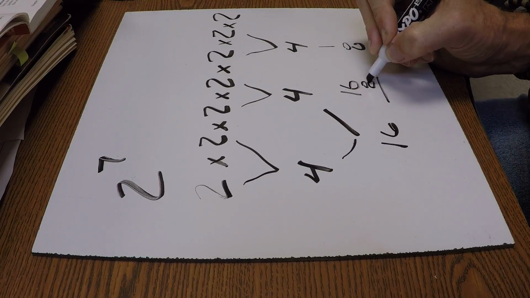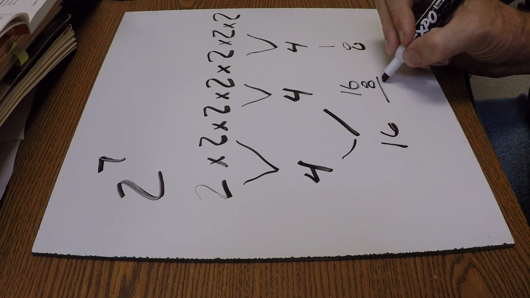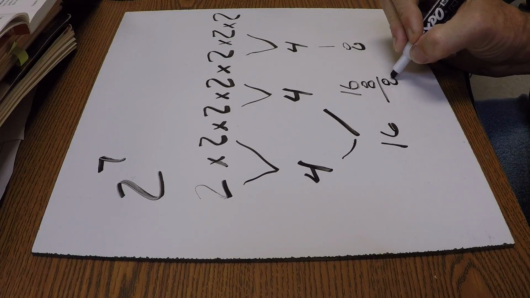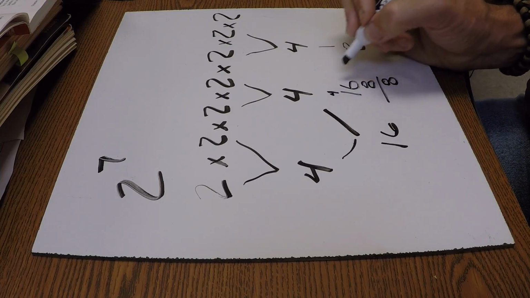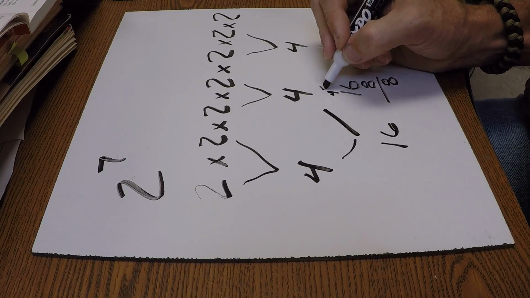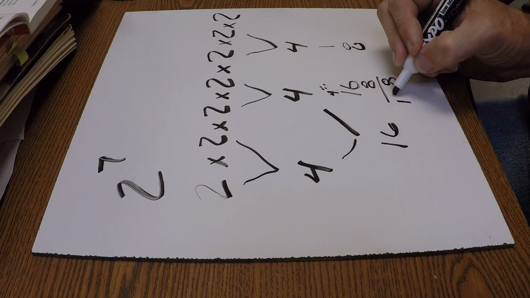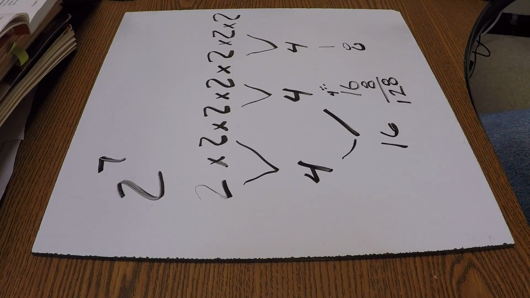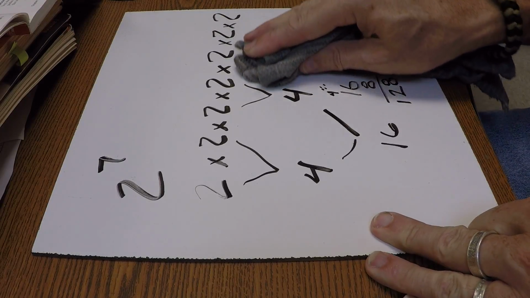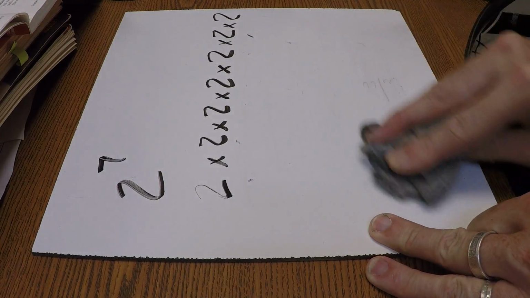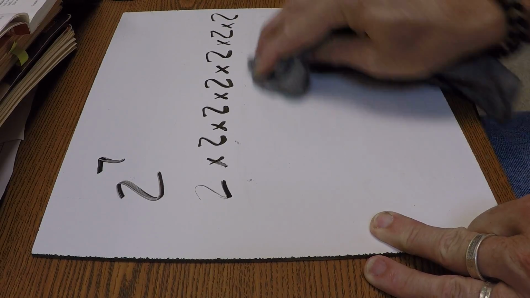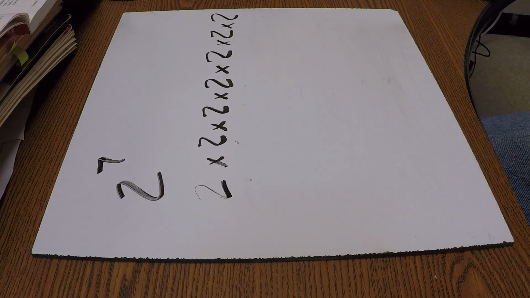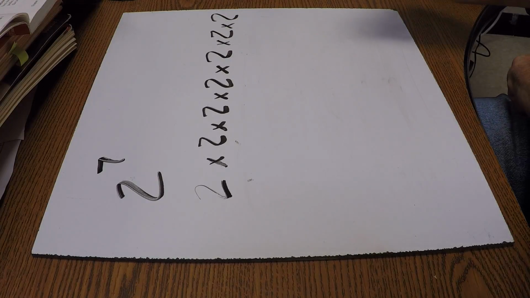Okay, 8 times 6, 48. I put down the 8, and I carry the 4, 8, 9, 10, 11, 12, 128. So the first part of the answer, I wrote down 7 2s, 2 times 2 times 2 times 2, 7 times.